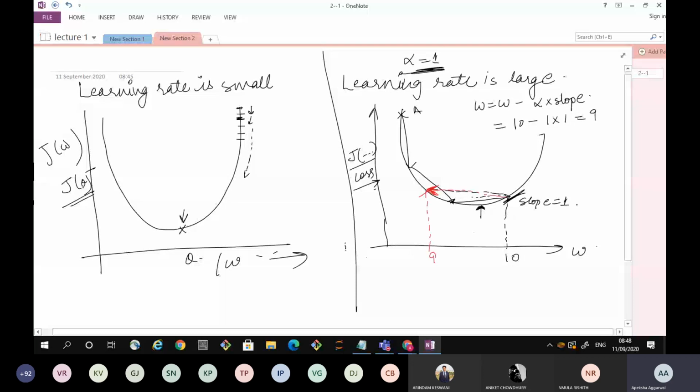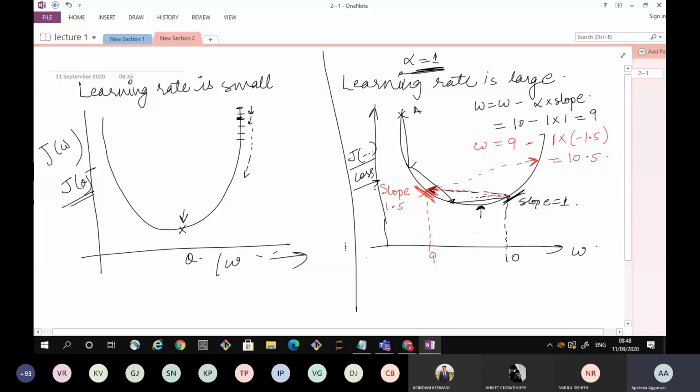But the slope at this point would be somewhat larger. Let's say now the slope is 1.5. At this point, w would be 9 minus, the slope is negative, so minus 1.5, and alpha is fixed at 1, so that is somewhere 10.5. So w is somewhat 10.5, so it will move here. This is how my gradient descent is working. It will move from here to here this way, and so on.